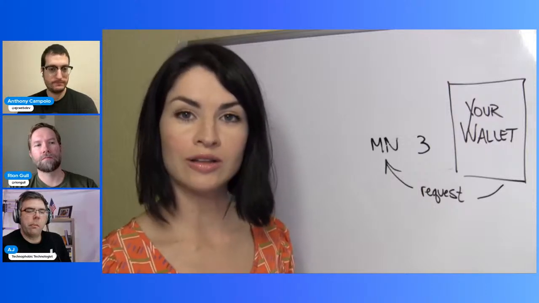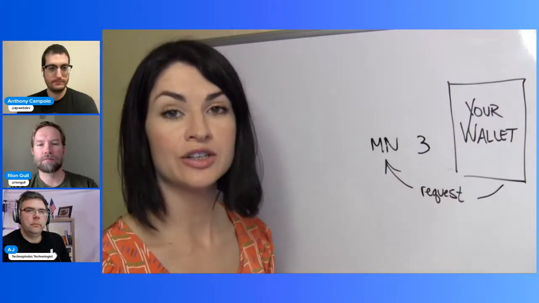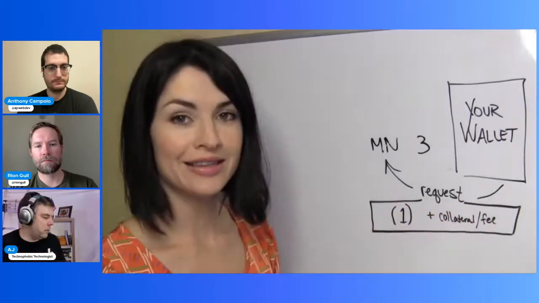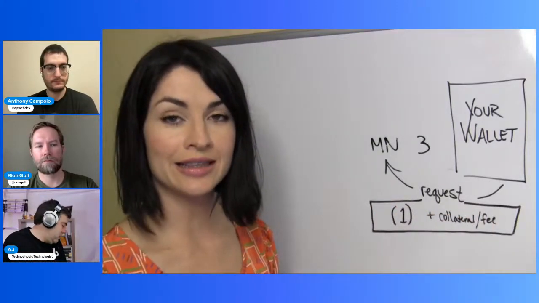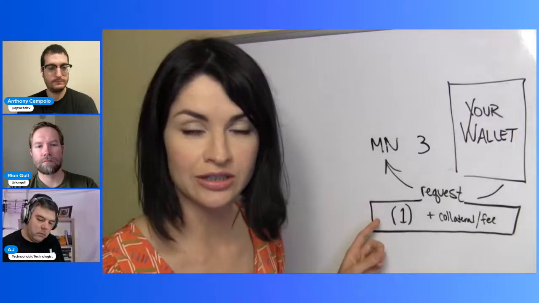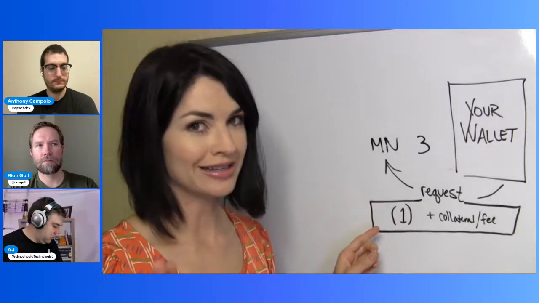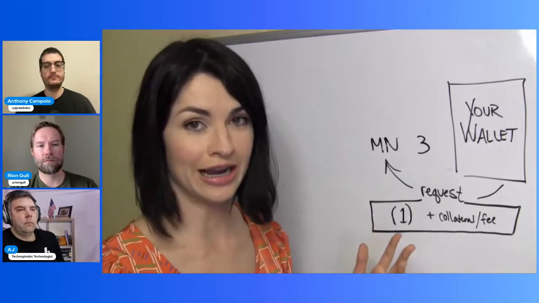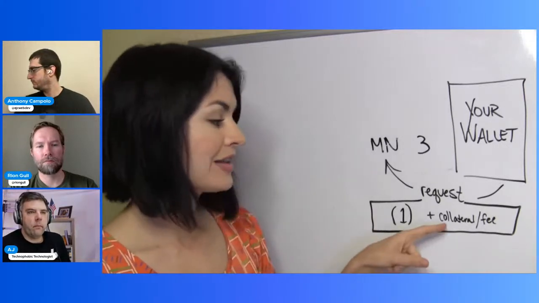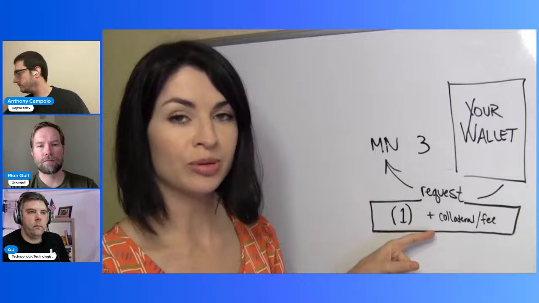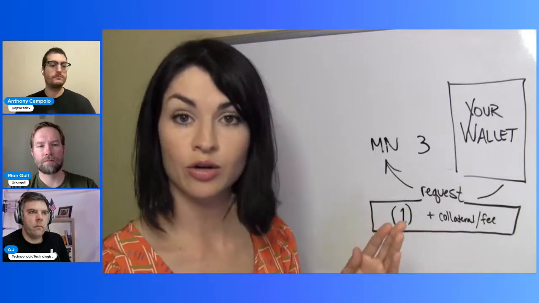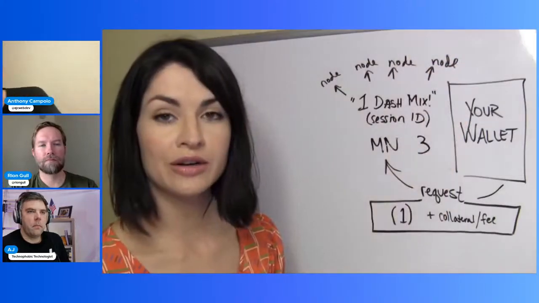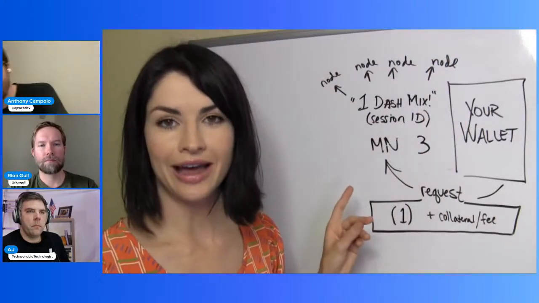At this point, your wallet sends a mixing request to the masternode it selected. In this request, your wallet states the denomination or denominations it would like to have mixed. Granted, it doesn't send the private key to this Dash, just states how much Dash it would like to mix, as well as including a small piece of collateral / fee. More on that later. The masternode then creates what's called a session ID.